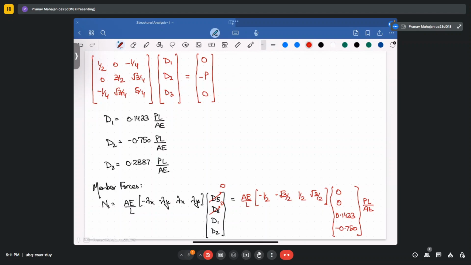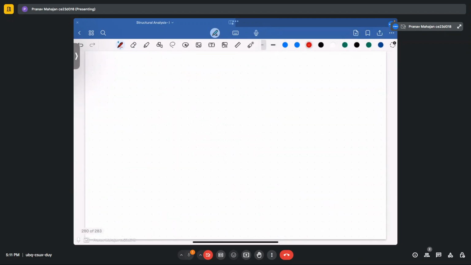By this, you will get the value of N1 as minus 0.5774 P, and that will be equal to minus P upon root 3. Similarly, if you do for N2, you will get N2 as minus P upon root 3, and N3 will be equal to P upon 2 root 3.